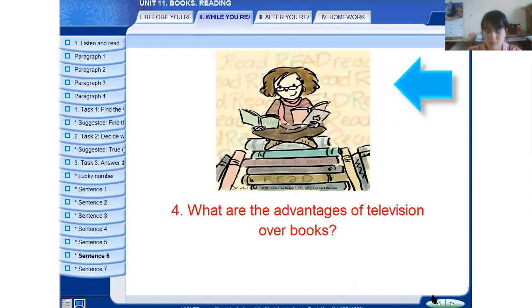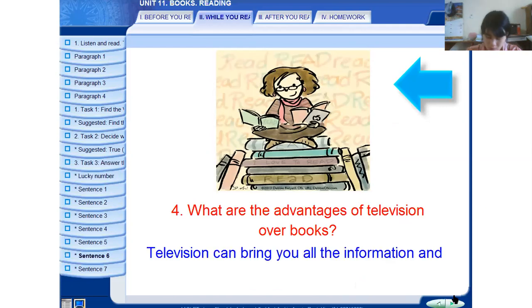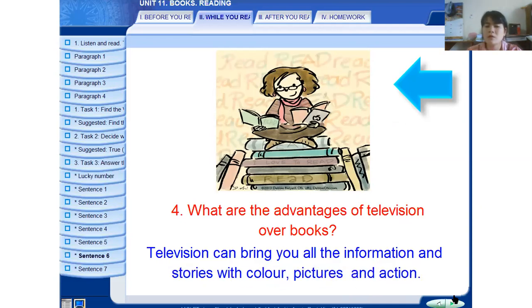You can find the information in paragraph 4. Television can bring you information and stories with color, pictures, and action. That's it.